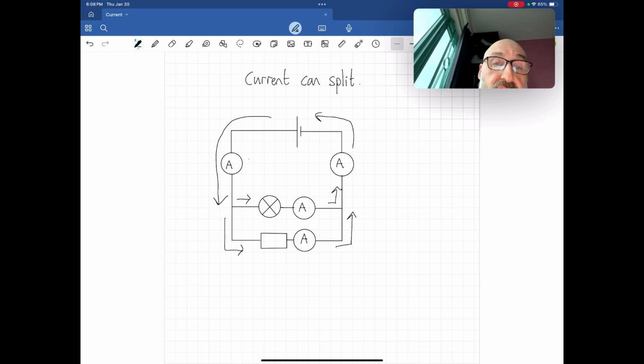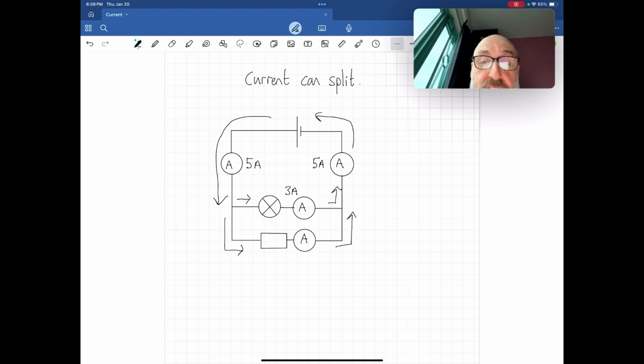If we were to imagine that this was, let's say, 5 amps, or 5 coulombs every second, we know absolutely that this one must also be 5 amps, because if 5 coulombs per second are moving round here, then 5 coulombs per second must be moving round here. Let's say that passing through this bulb we get 3 amps. Now at this stage, don't worry why it's 3 amps and not 2.5 amps or something like that.